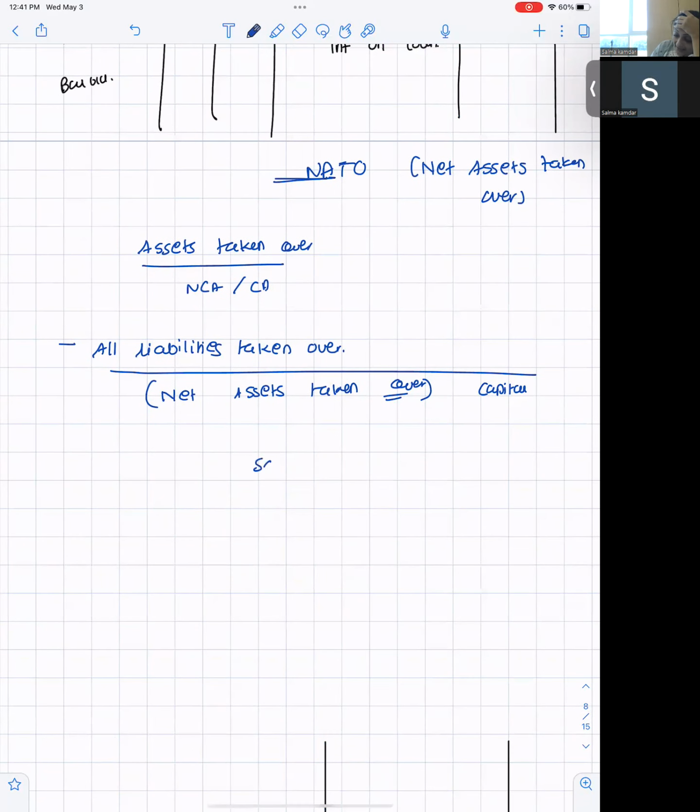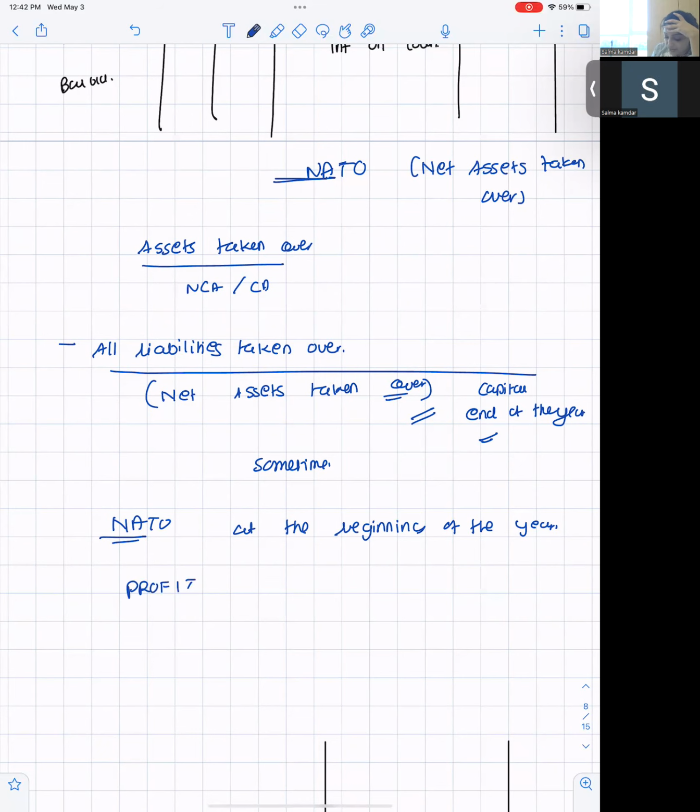Sometimes the question will give me my net assets taken over at the end of the year, and they will give me my NATO, the net assets taken over, at the beginning of the year. And they will ask you to calculate profit. In such a situation, how will you calculate profit?